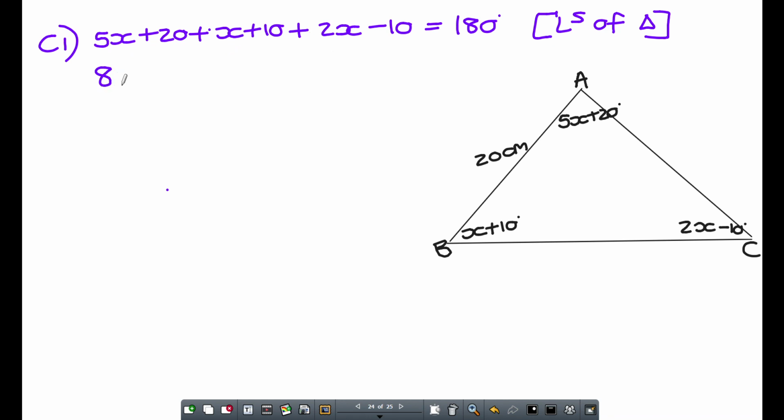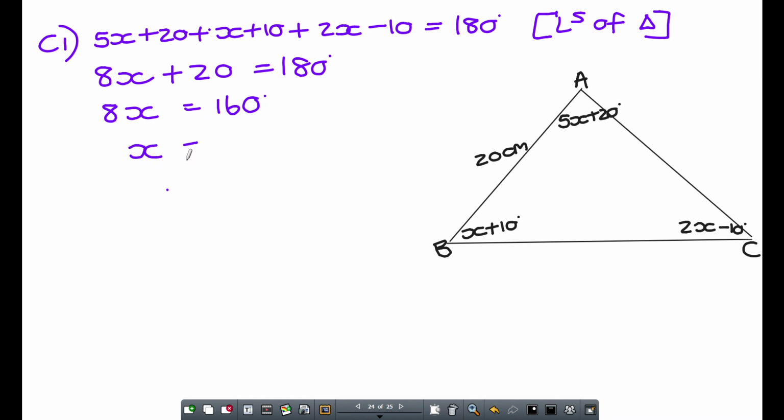I'm just doing the left-hand side for now. 20 plus 10 gives me 30, minus 10 gives me 20 again. So let's take the 20 degrees over. So that will then become minus 20. So 8x will be 160 degrees.